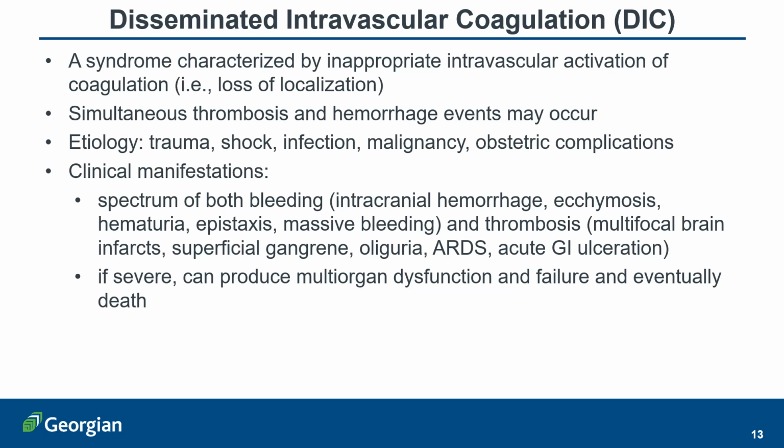Those microthrombi can in turn lead to multifocal brain infarct, superficial gangrene, damage to the kidney resulting in oliguria, damage to the lungs resulting in acute respiratory distress syndrome or ARDS, as well as bleeding in the GI tract. Severe DIC can lead to multi-organ dysfunction and eventually failure and consequently death.